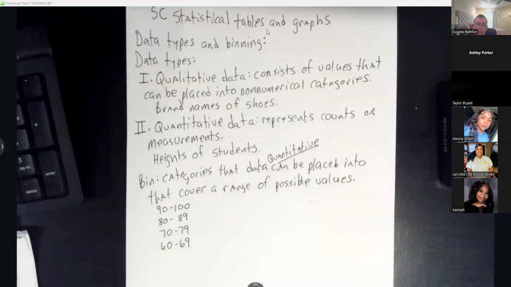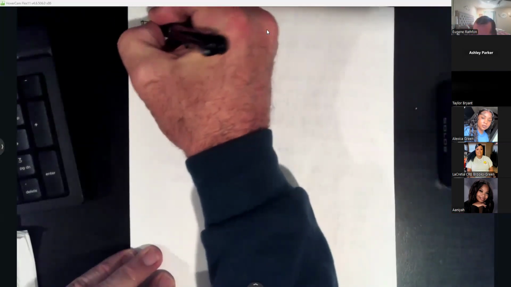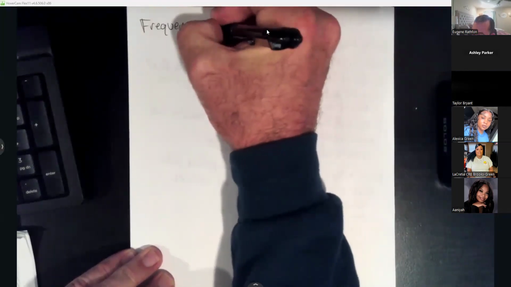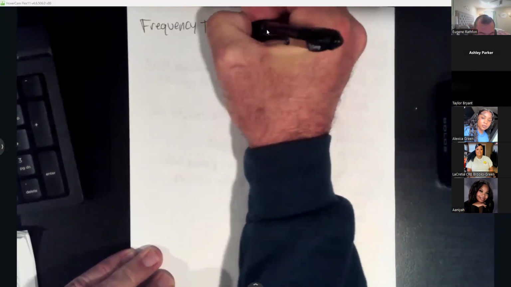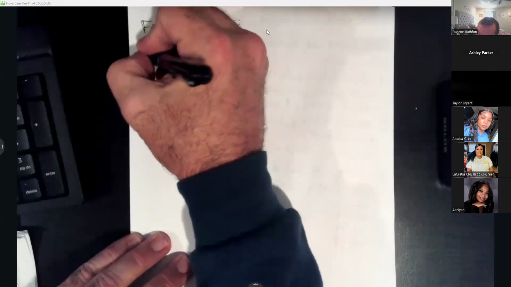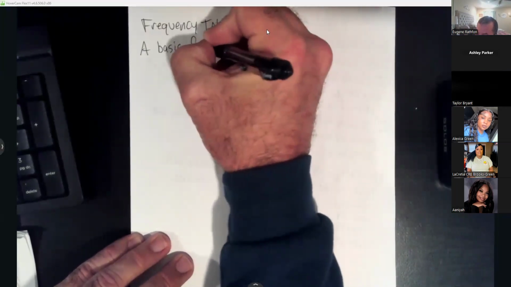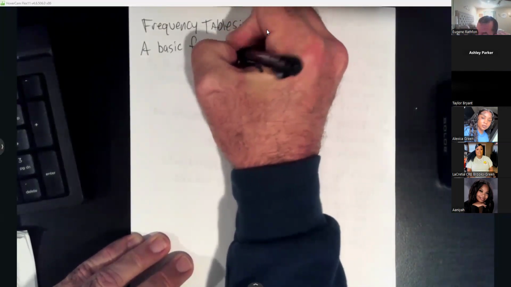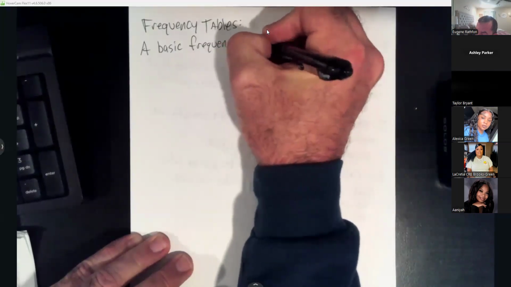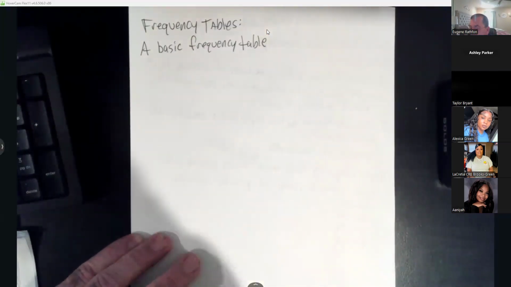All right, also next, let's get into what we call frequency tables. All right, so a basic frequency table has two columns.